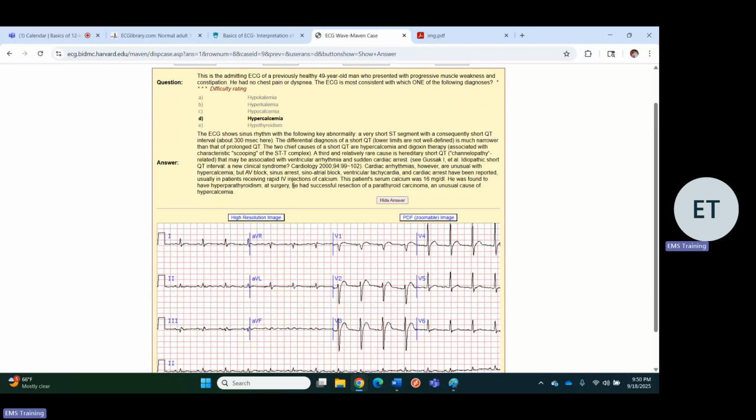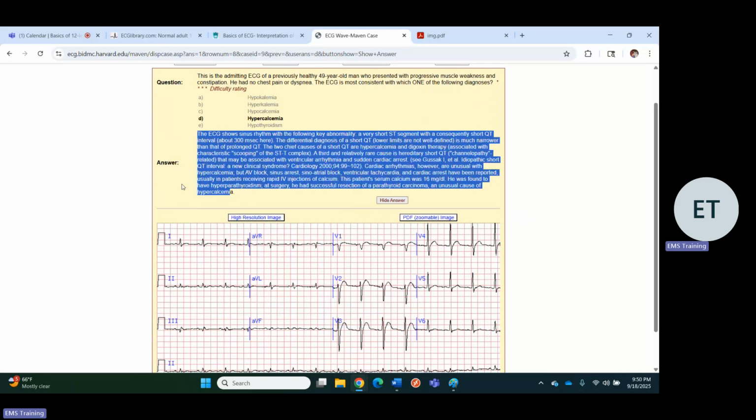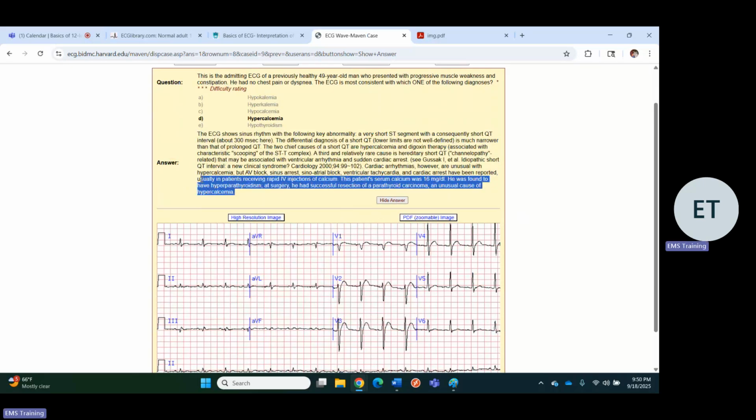Anyways, he had successful resection of a parathyroid carcinoma, an unusual cause of hypercalcemia. It does happen though. Sometimes it can last years. These people don't get treated early enough, so they have bowel issues and joint problems and skin issues and a whole bunch of other vague symptoms.